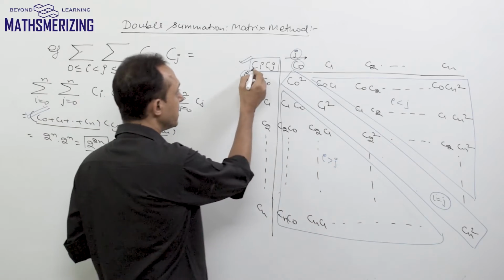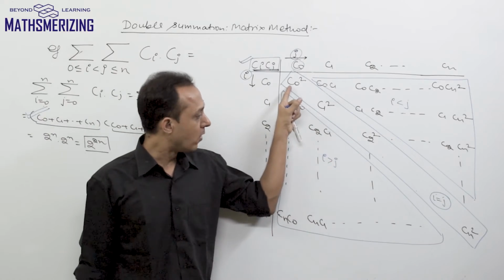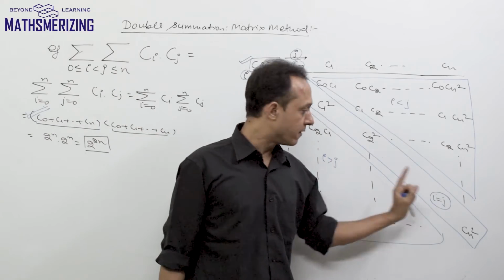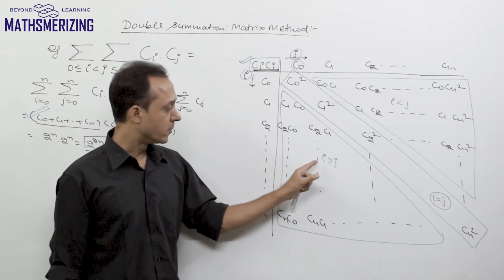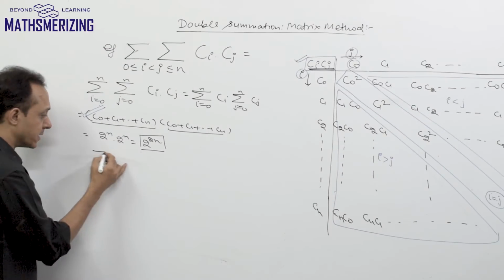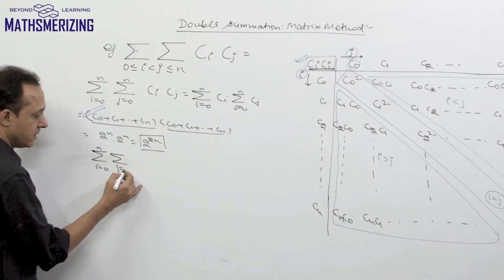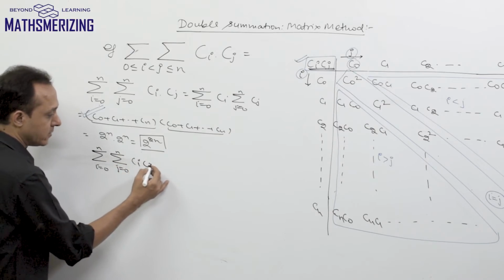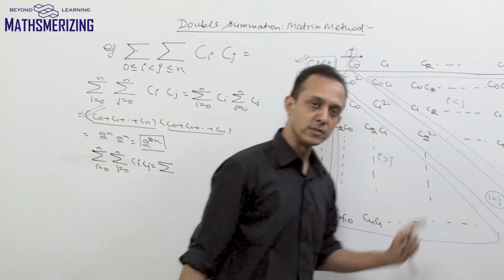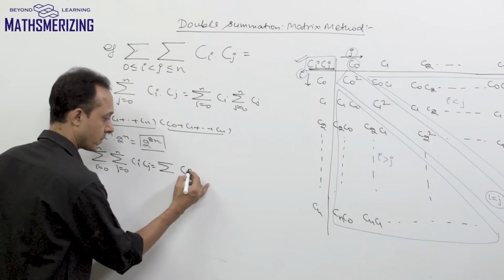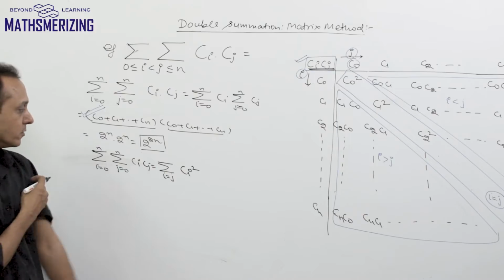So this double summation of product, which is Ci into Cj, will have three kinds of terms. First, all the terms where value of i is same as value of j. Secondly, the terms where i is less than j. And then all the terms where i is greater than j. So I can express this double summation, i varies from 0 to n, j varies from 0 to n, Ci into Cj, as this summation, which is C0 square plus C1 square plus C2 square plus Cn square, that is, summation of Ci square when i is equal to j.